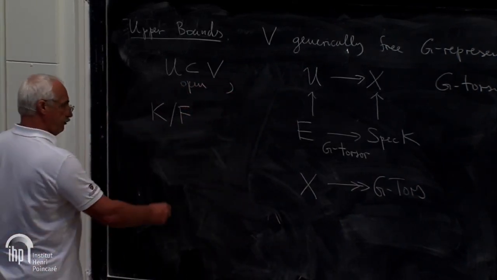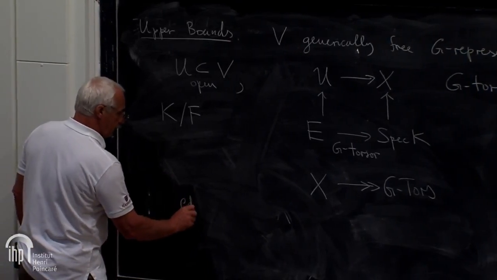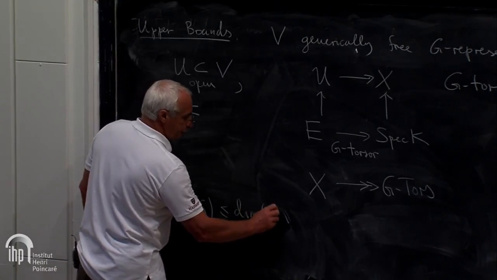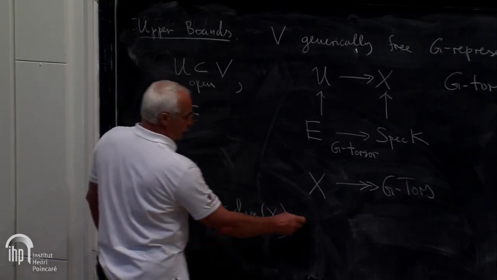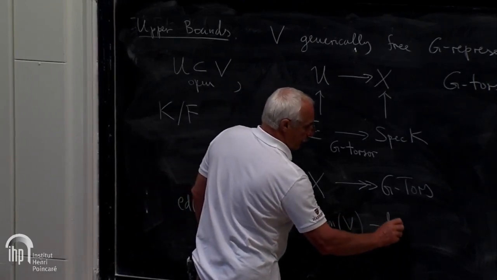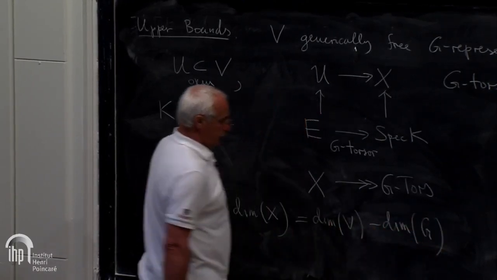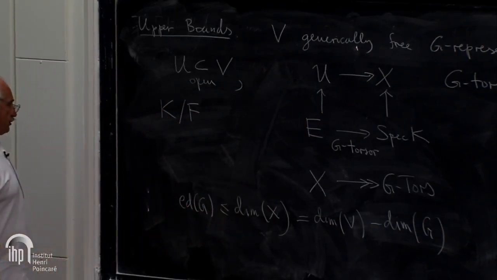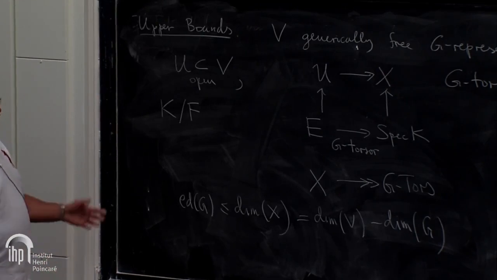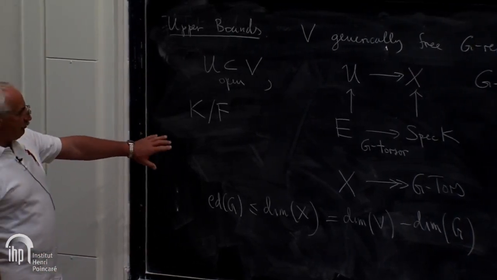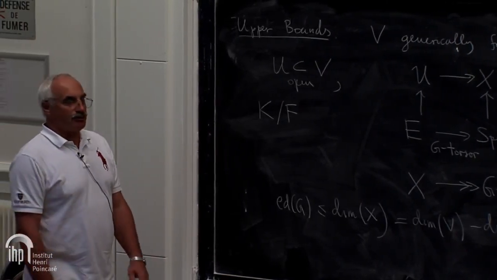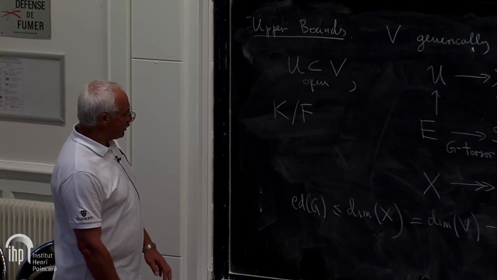And from this it follows that the essential dimension of G is at most the dimension of X, which is the dimension of the vector space minus the dimension of G. And so this is an upper bound for the essential dimension of G. Very rarely an upper bound like this matches with a lower bound given by cohomological invariants, and so we get the precise value of the essential dimension of G.